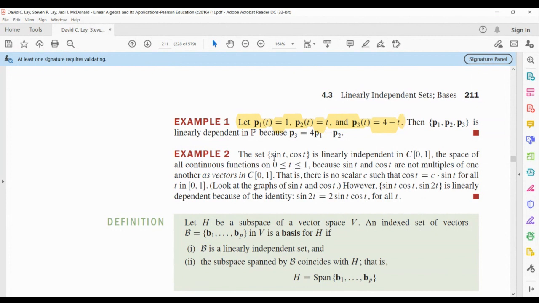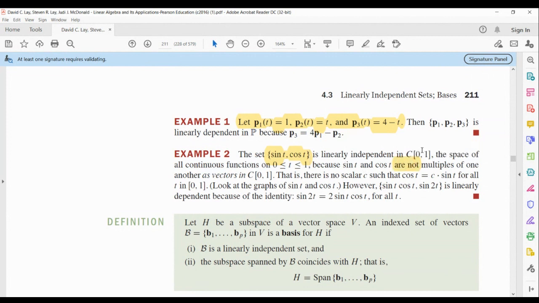All right, well, let's look at the second example because it's nice to see some new kinds of examples. You could have a set where your elements are the sine of t and cosine of t. In other words, those two functions are your vectors. And that is a linearly independent set because the sine of t and cosine of t are not multiples of each other.